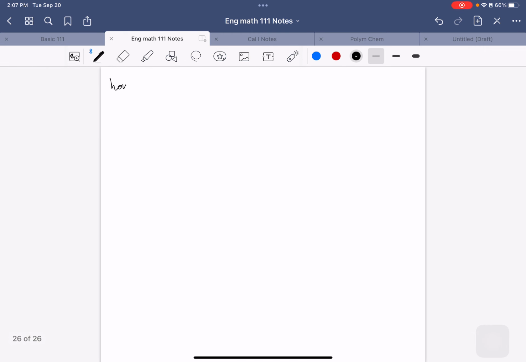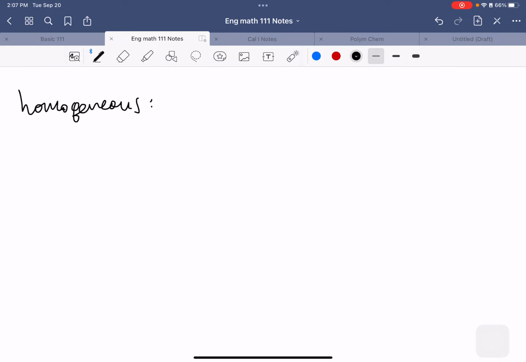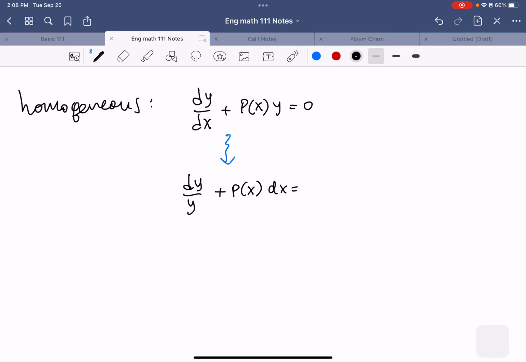So remember the homogeneous: we have dy/dx plus p(x) y equals 0. And because it's equal to 0, we can rewrite this and make it dy/y plus p(x) dx equals 0.